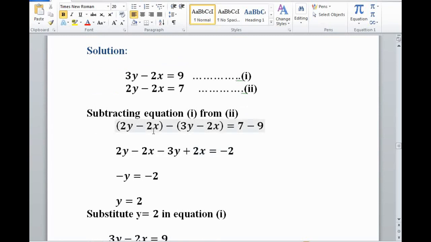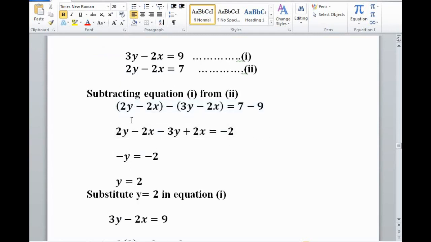So first I'm going to write the left hand side of equation 2, which is 2y negative 2x, and then the left hand side of equation 1, which is 3y negative 2x, equals the right side of equation 2, 7, and the right side of equation 1, negative 9. If you write subtracting equation 2 from equation 1, then you will write on the right side 9 minus 7. Anyhow, let's simplify this step.